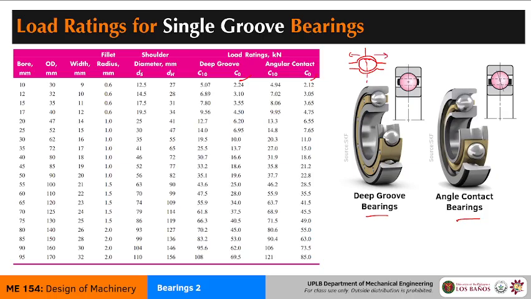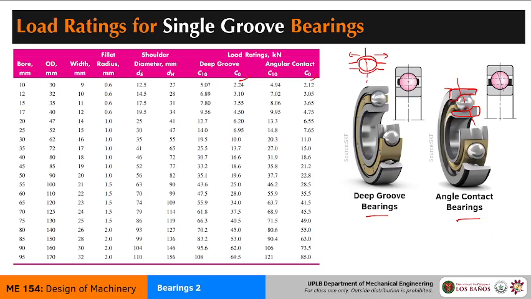For the angular contact bearings, as you can see here, there is some asymmetry, which causes the ball bearings to rotate a little bit off axis. And as you can see here, the effect of that difference is reflected in the force that it can tolerate. So C10 and C0 for both of these seem to behave.